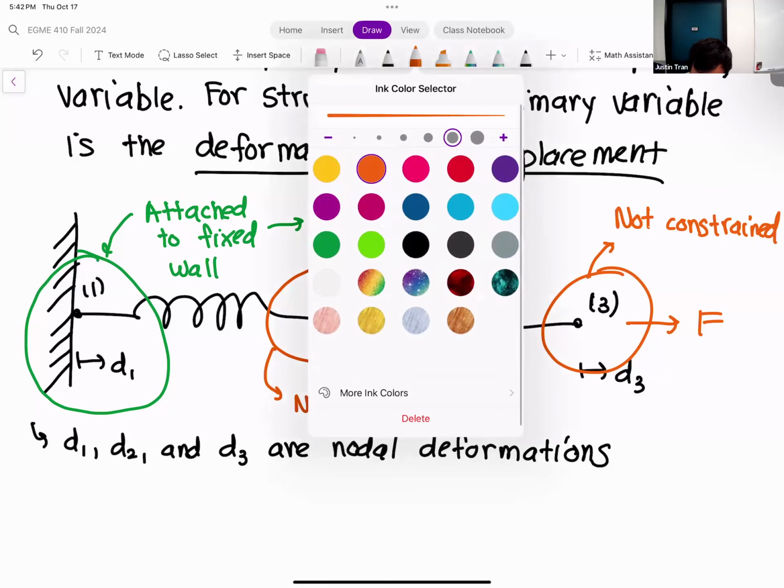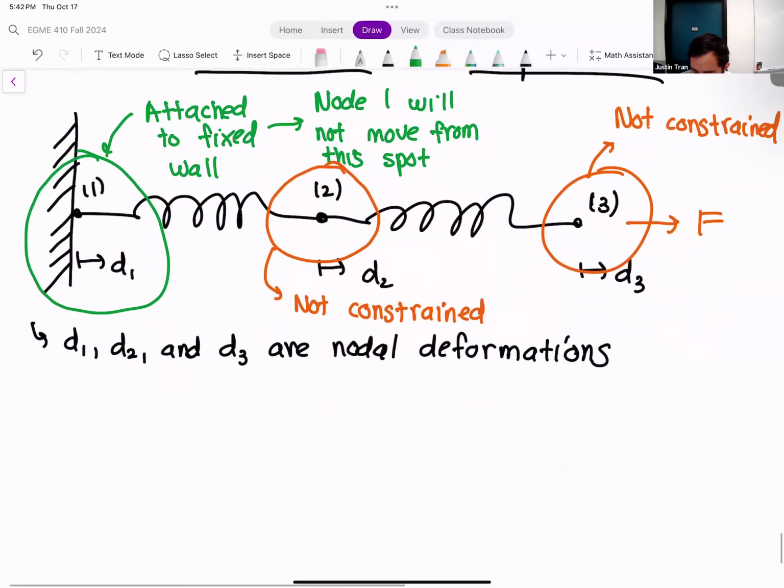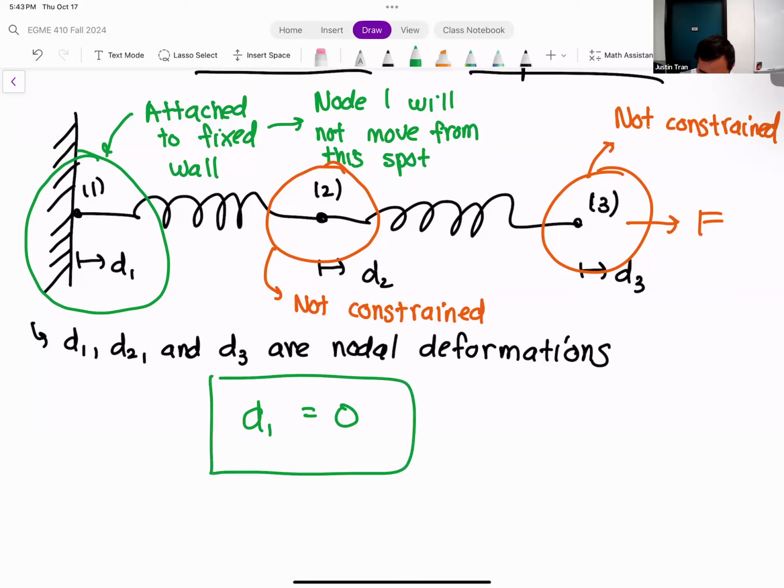And taking that information, the fact that node 1 is not going to move from that spot, mathematically we can express that with a very simple equation: D1 is equal to 0. So that's our constraint equation.